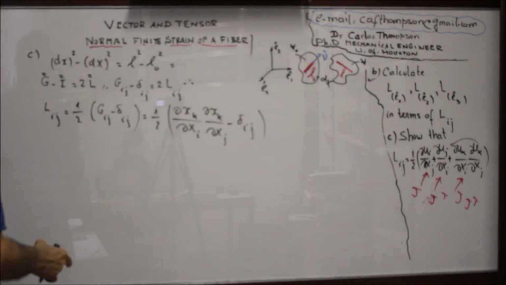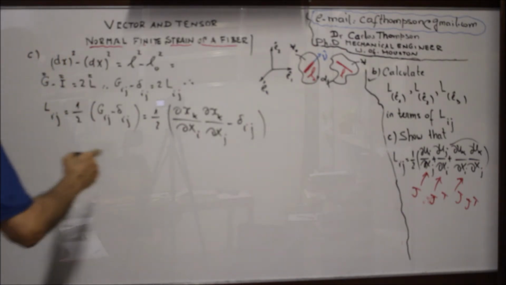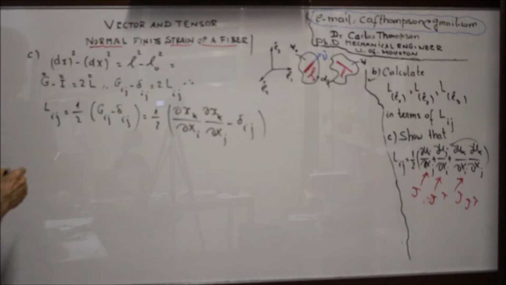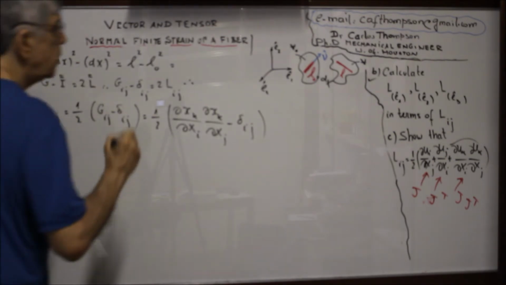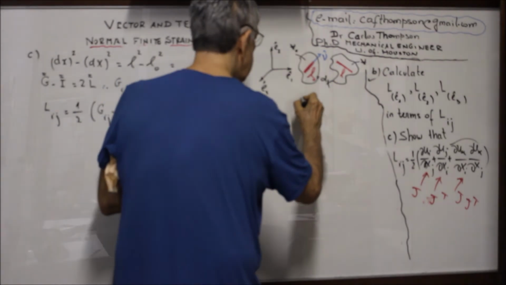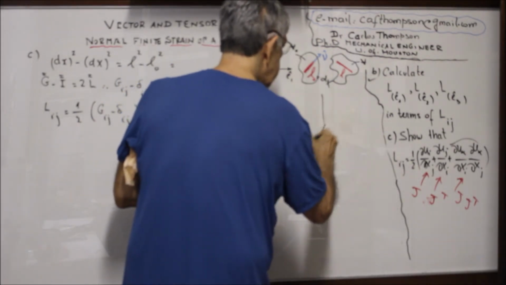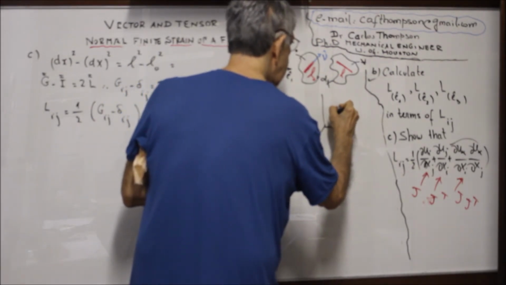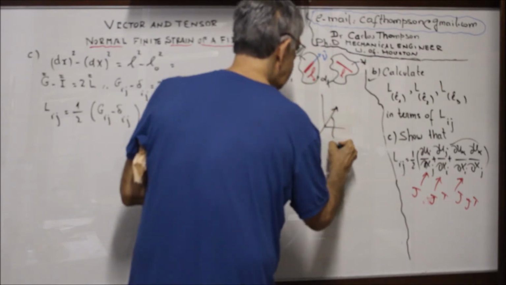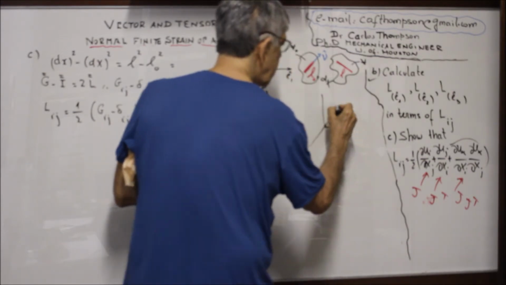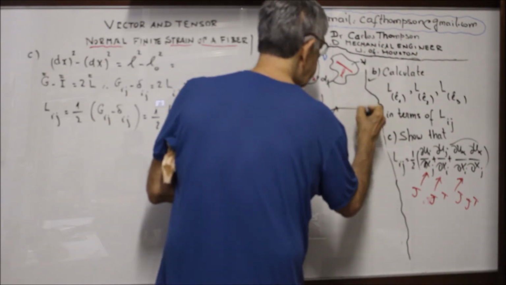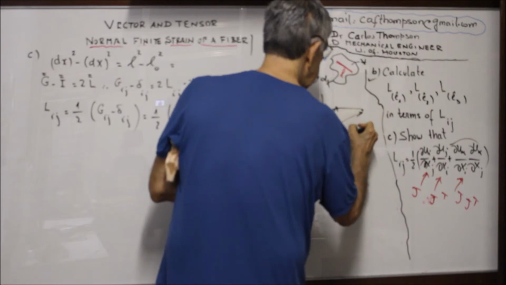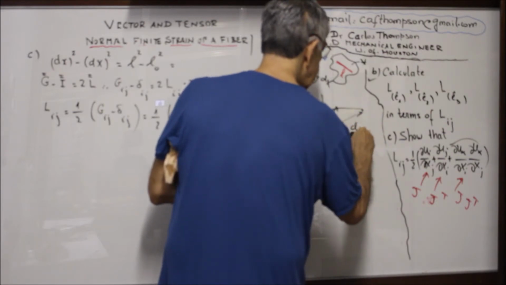It's very important for you to come back to the definition. You must remember this: this is x, this is dx, the vector. Let's call this a vector over here. This is called d small x over here.